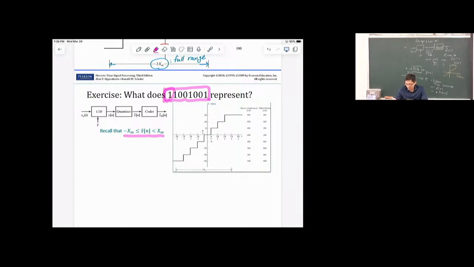Okay. Think about it for 30 seconds. How do we calculate DAC, digital to analog conversion, given a sequence encoded in 2's complement? Think about it for 30 seconds.